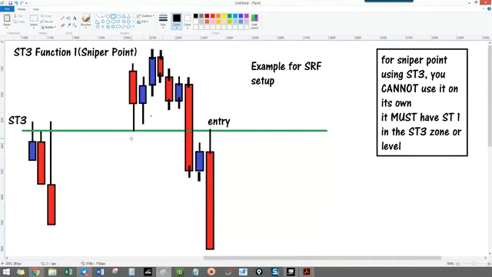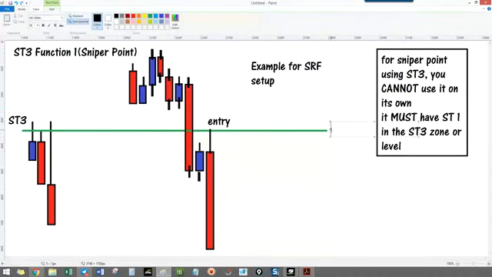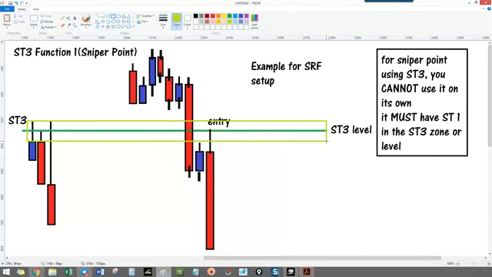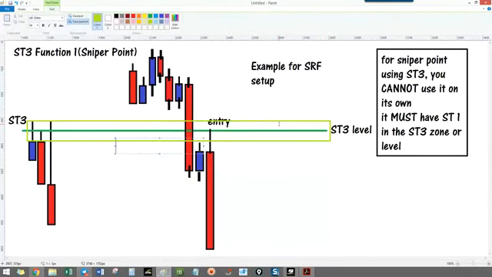So this is also ST1, okay? And I forgot to mark the ST3 level, ST3 zone.